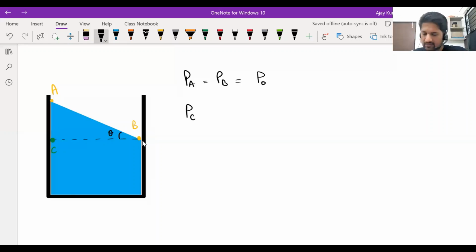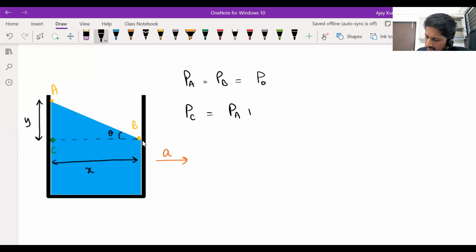Whereas for the pressure at C, there are two different ways in which you can express it. You can express it in terms of this depth, or in terms of the horizontal pressure variation, in terms of the horizontal acceleration. So pressure at C can be written as pressure at A plus rho g y, that is in terms of B, plus rho a x, the horizontal pressure variation.